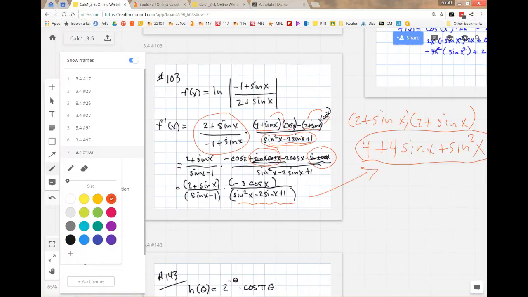Sorry about that. Okay, number 103, with the changes made there. And when you're down to here, there's just nothing else a person can do. So I would just leave it in it. There's nothing else you can simplify.